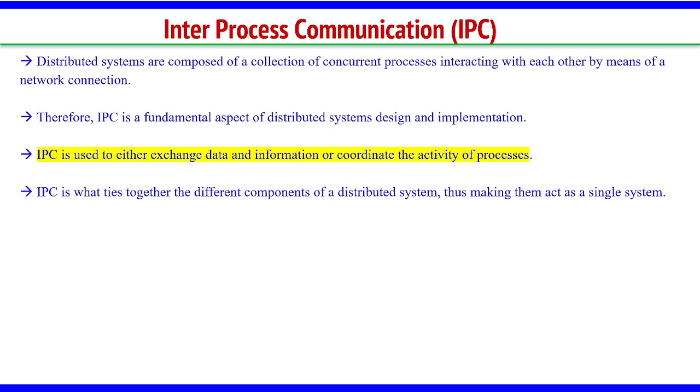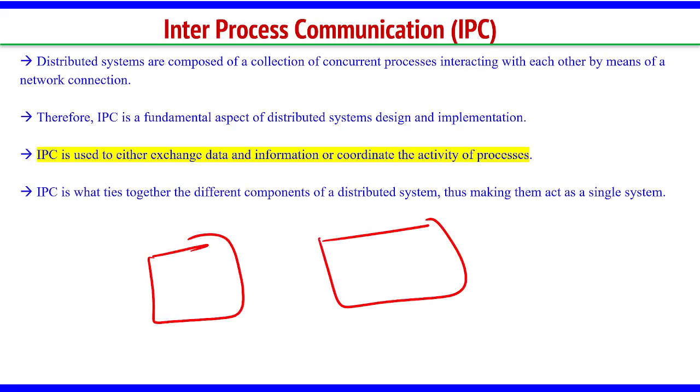So, we already know they are composed of a collection of concurrent processes interacting with each other by means of network connection. Here, systems are connected through the network and they are communicating with each other, right. So, IPC is the fundamental thing using which we say that systems are looking like a single system.